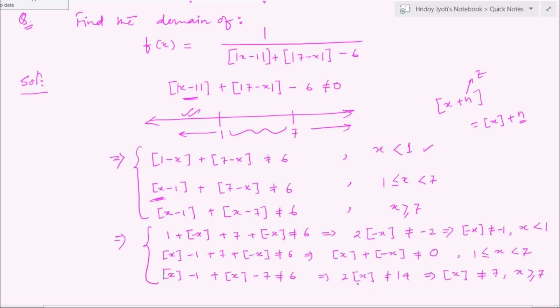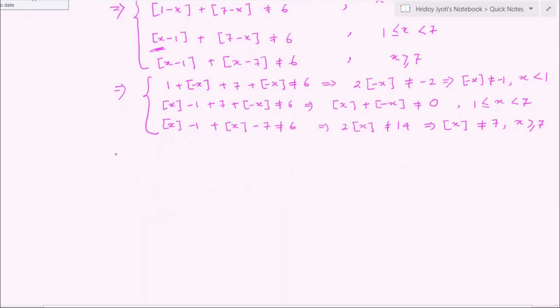Okay, so for the next step, we're going to conclude almost. We are arriving here: GIF of minus x has not to be equal to minus 1 for x less than 1. So what we'll get from here is x should not belong to 0 to 1.